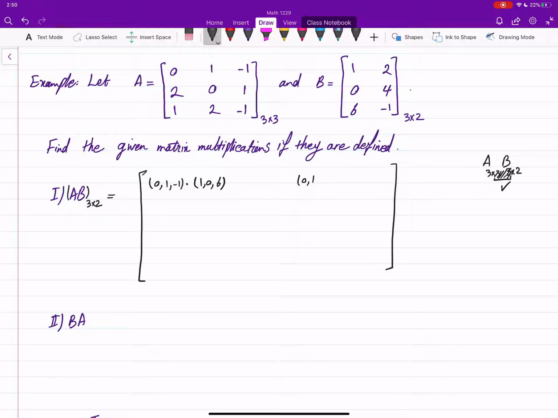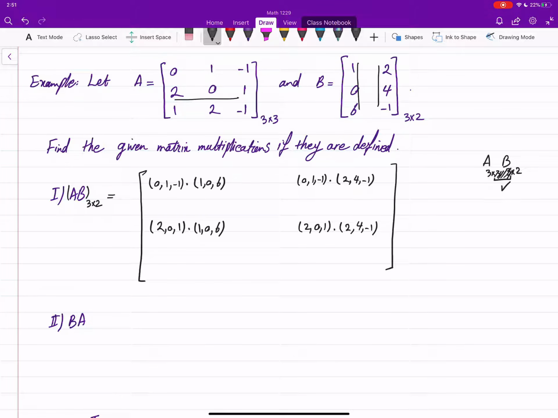First row of A dot second column of B. Now the second row of A dot the first column of B. And then 2, 0, 1, second row and second column, which is 2, 4, -1.